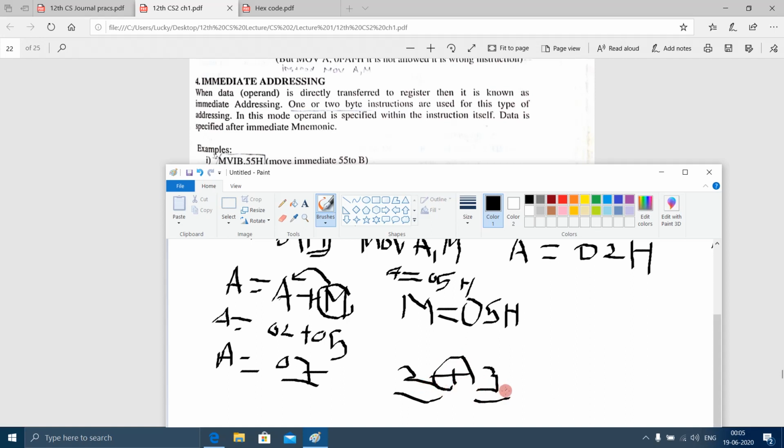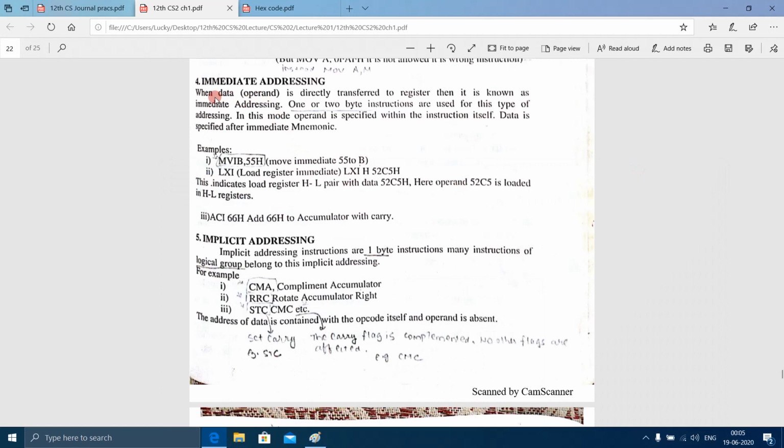The operator is performing operations on the operands. So when data is directly transferred to a register, it is known as immediate addressing.